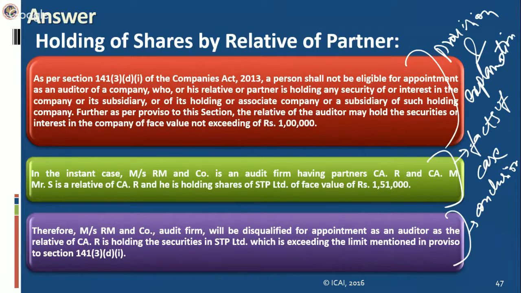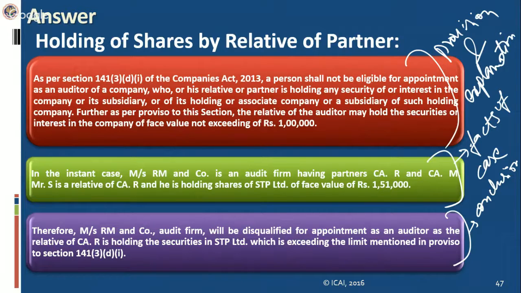This is how you need to write your answer in the examination, student. Please note this. You may refer the practice manual where the presentation pattern has been given. You may refer those questions, those answers. As per section 141(3)(d)(1) of the Companies Act 2013, a person shall not be eligible for appointment as an auditor of a company who, that is the person or his relative or partner of him, is holding any security or any interest in the company or its subsidiary or its holding or associate company or a subsidiary of such holding company.